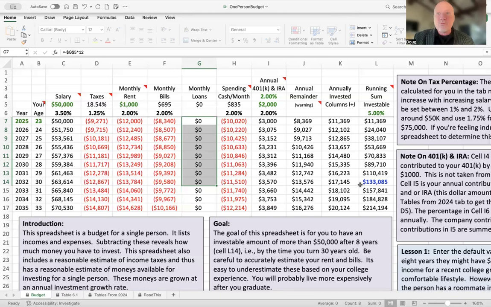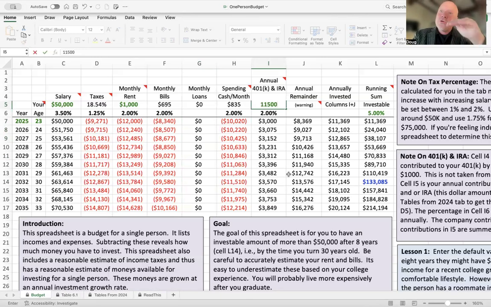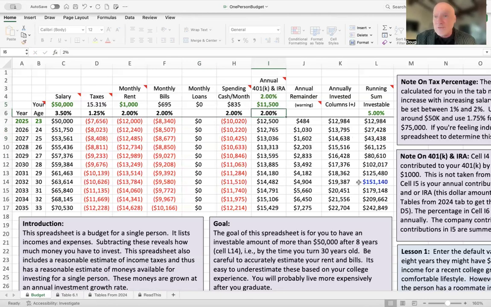There's one more thing we can do to show you just how expensive these loans are. Now I'm going to go up here because we have a lot of extra money left over that we can invest. I'm going to change this to $11,500 to invest all that. And the more you invest in your tax deferred account means the more tax savings you have. So this is the advantage here of tax savings working in your favor, and now you have $151,000.